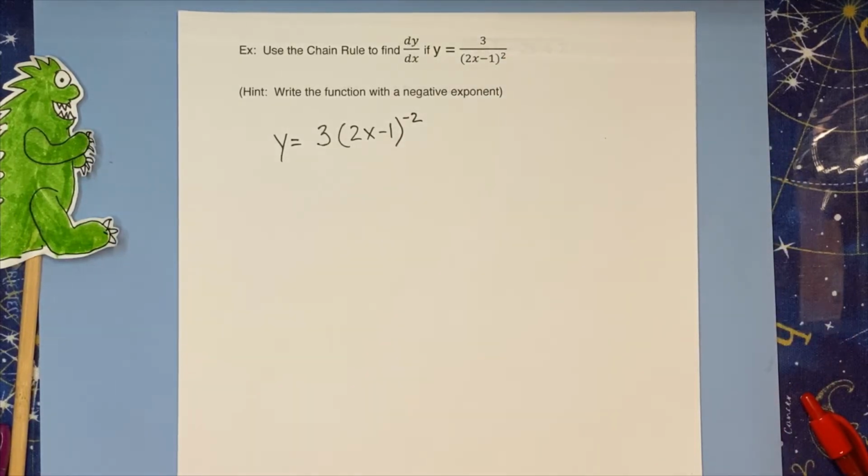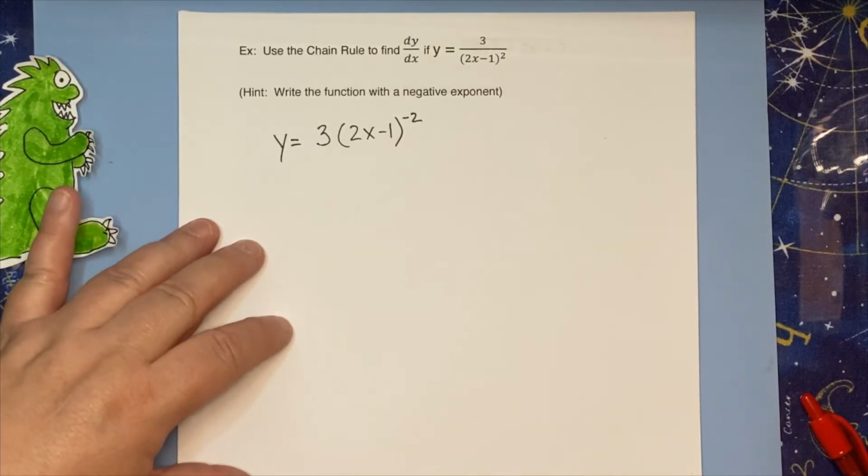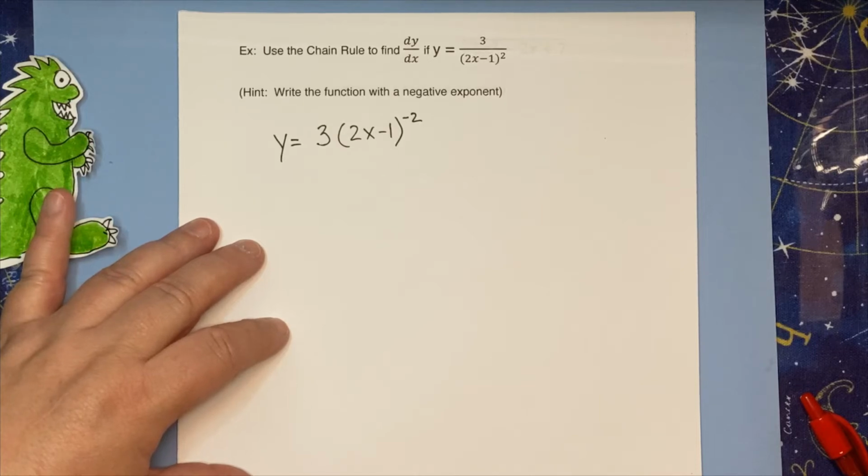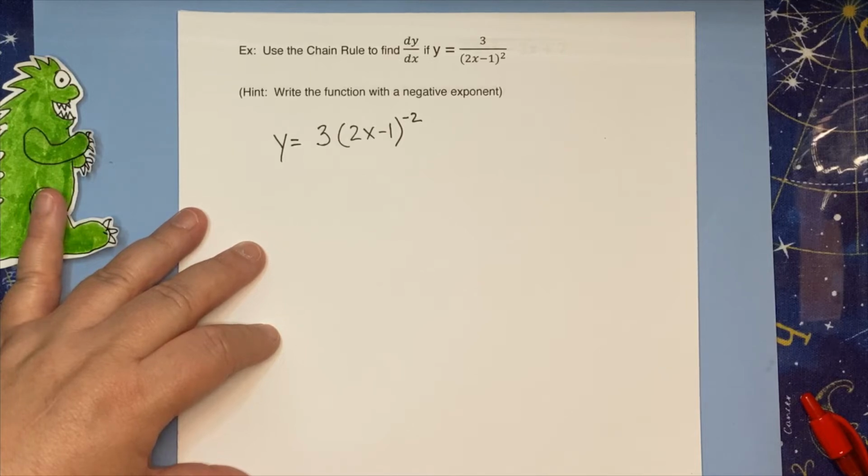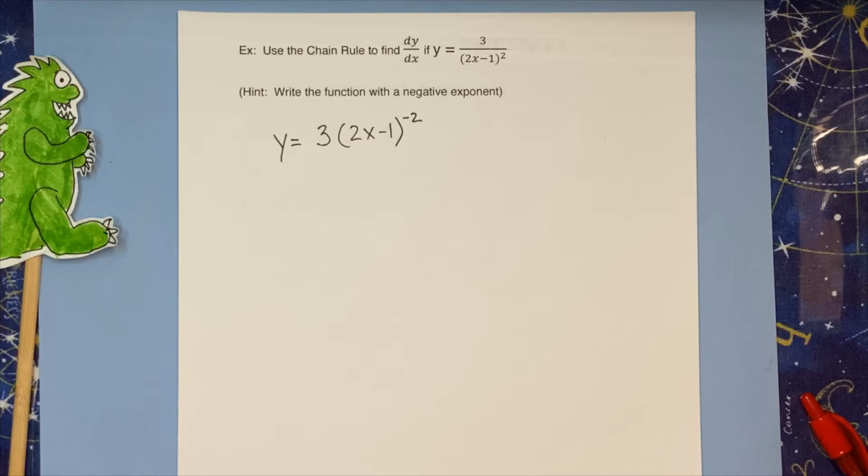Okay, so what I want to suggest here is we try this two ways, believe it or not. So the first way is I'm going to try it without the formula.